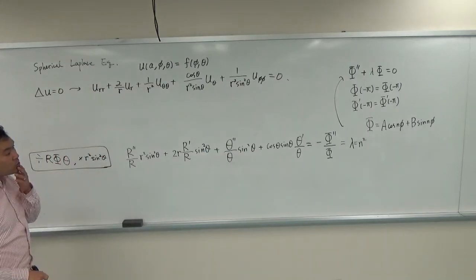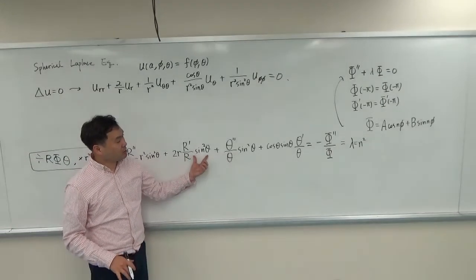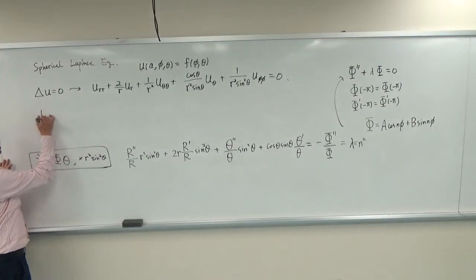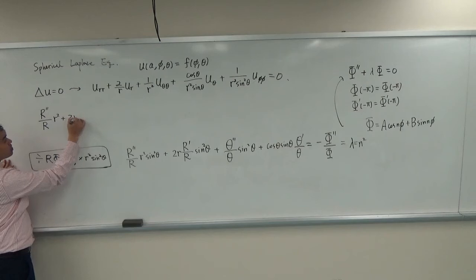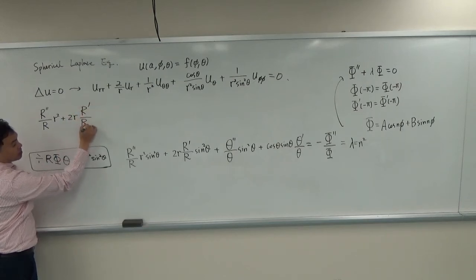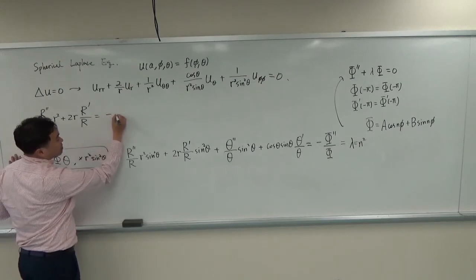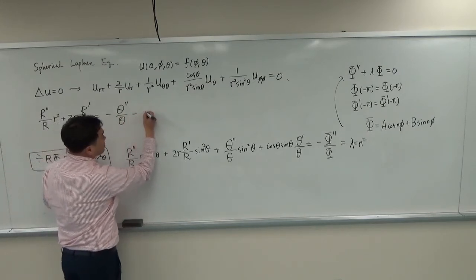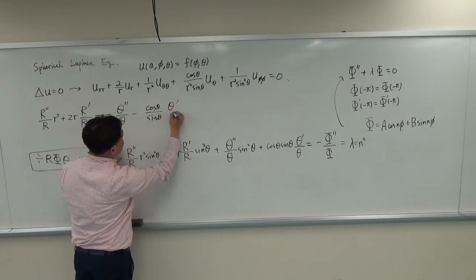All right, so what we do is now we move everything to the other side, and this time we divide by sine squared, because then we separate this out, and there will be a constant, right? So we have r double prime over r squared plus 2r r prime over r equals negative theta double prime over theta minus cosine theta over sine theta, theta prime over theta.